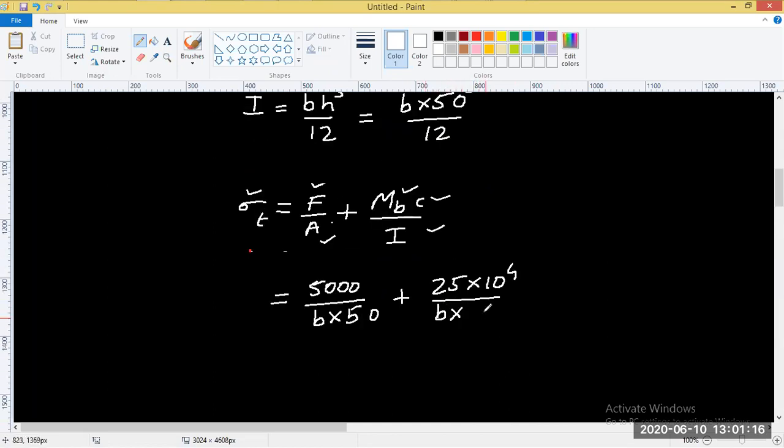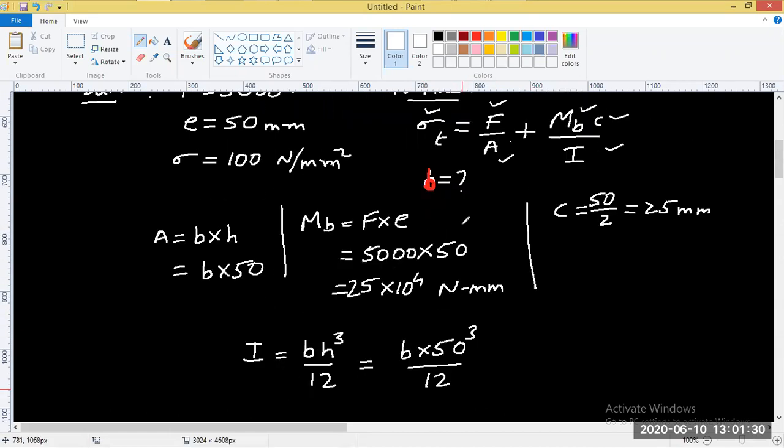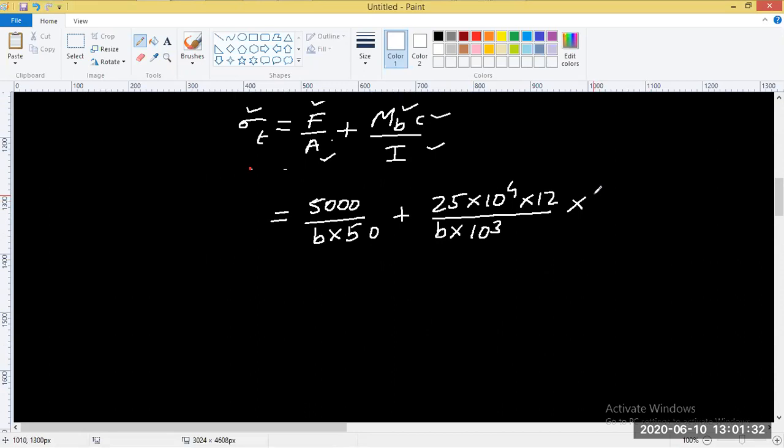The denominator will become a numerator, so we'll put that into 12, again into this C. C is 25 into 25. There's one unknown here, and the stress also we know. The stress is 100. It should not exceed 100 newtons per mm square. With this, we will get the thickness B. So try to calculate this and let me know the answer.